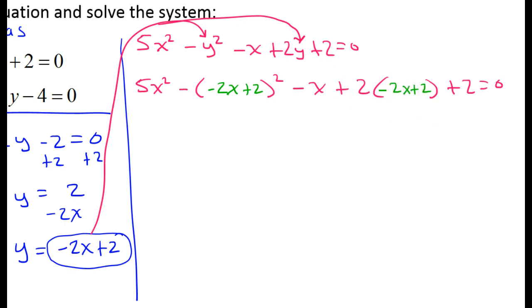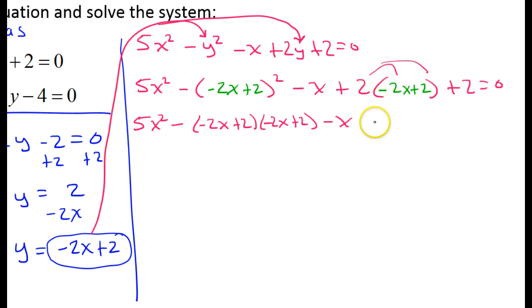So I've got this. So now I've got a long equation, but it only has x's. So this should be solvable. So when I solve this guy, I'm going to have to go -2x plus 2 times -2x plus 2. So that's going to be tedious, but I can do it.